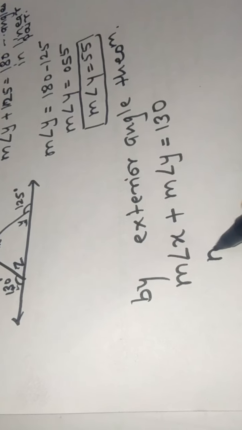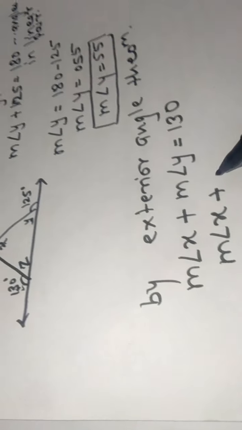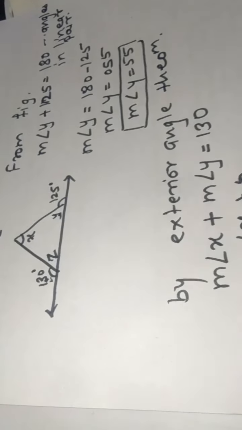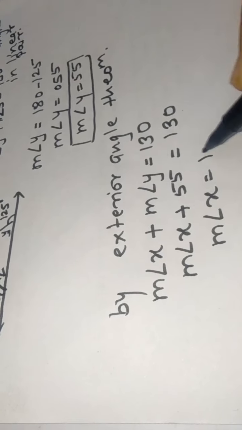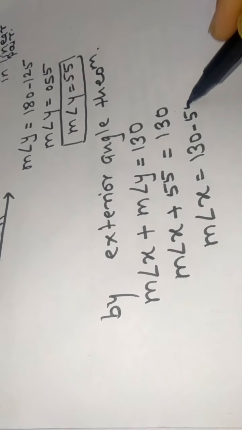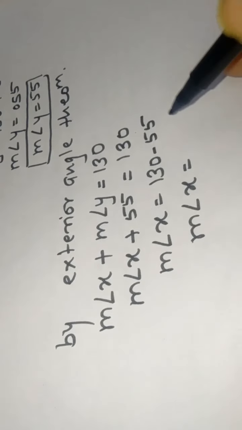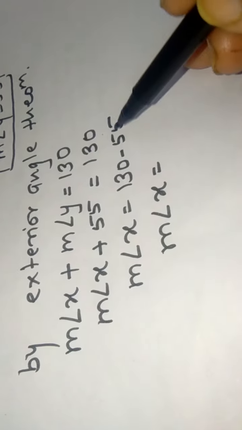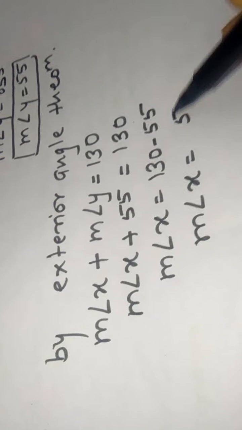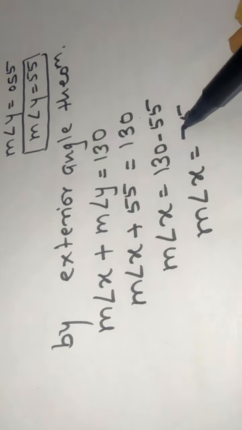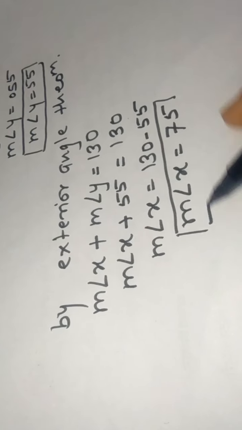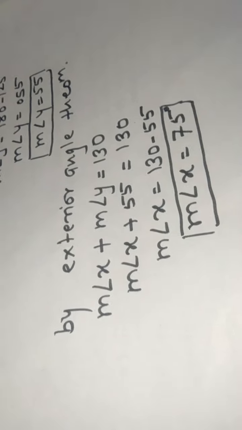That is measure of angle x plus the value of y, 55, is equal to 130. Measure of angle x is equal to 130 minus 55, that is 10 minus 5 is 5, 12 minus 5 is 7. That is the angle x is equal to 75 degree.